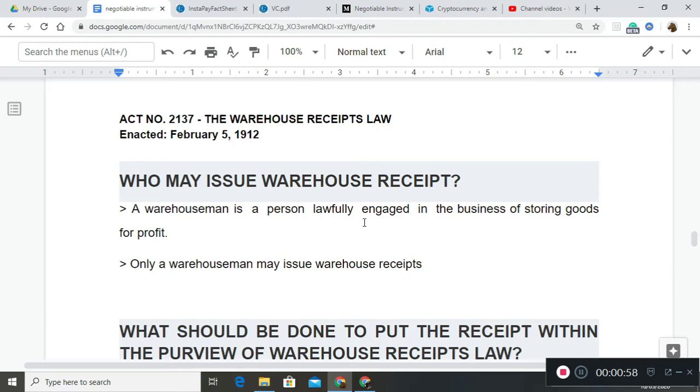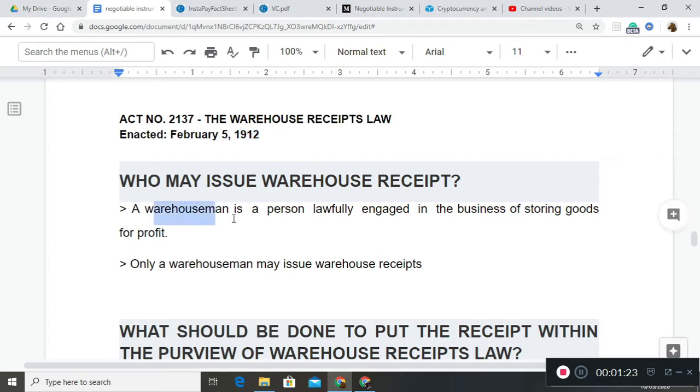Together with other relevant documents, it is a document of title which covers the goods or mass of goods that are stored by a certain warehouseman. We have this warehouse receipts law enacted in 1912.